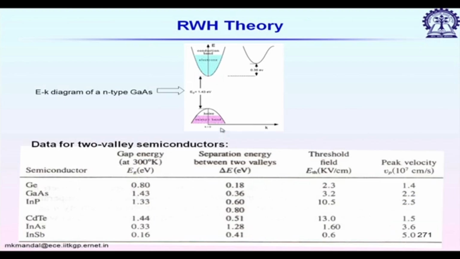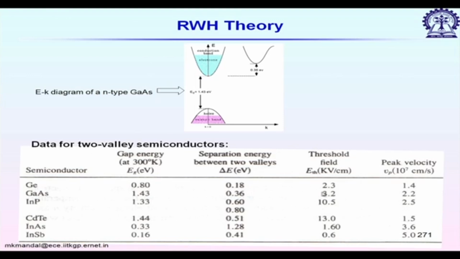So, we see then it can happen if only the second or upper valley is present. These are some typical popular materials for which the gap energy is given here. For germanium, Eg is 0.8 and the separation energy between two valleys is 0.18.